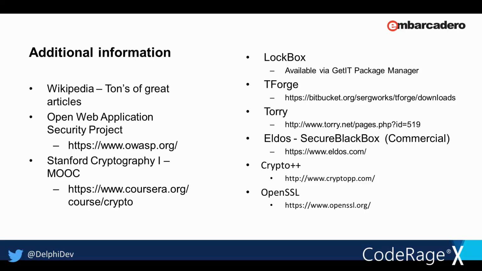But one thing that should be noted is, some of the things that really drove me nuts with Lockbox, and I'm not sure if DCCrypt has the same problem or not, but we were trying to interop with something that was not Delphi. And the initialization vector was passed in a different way than Lockbox would have. So with Lockbox, when you're encrypting, say with AES, the first few bits are the initialization vector.